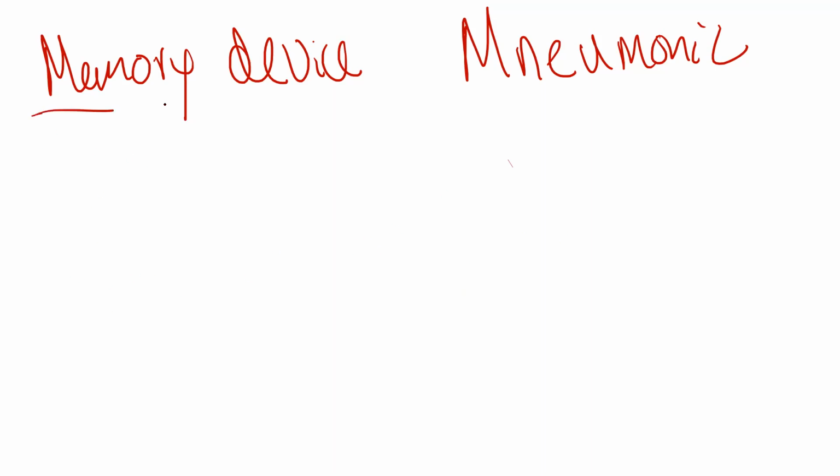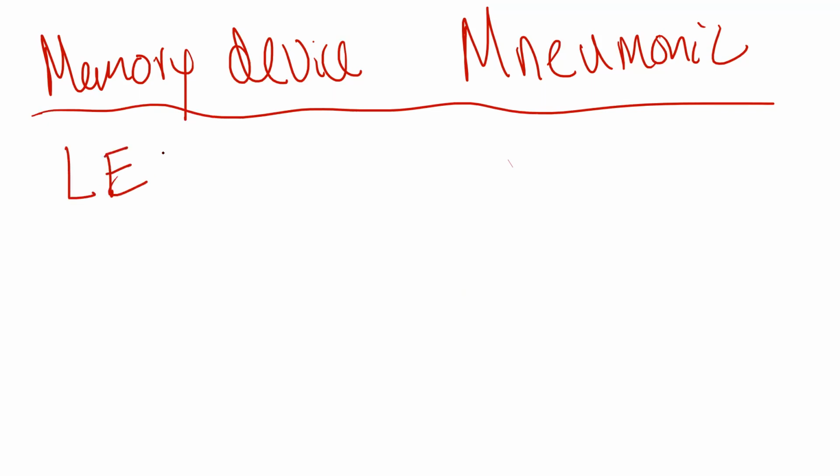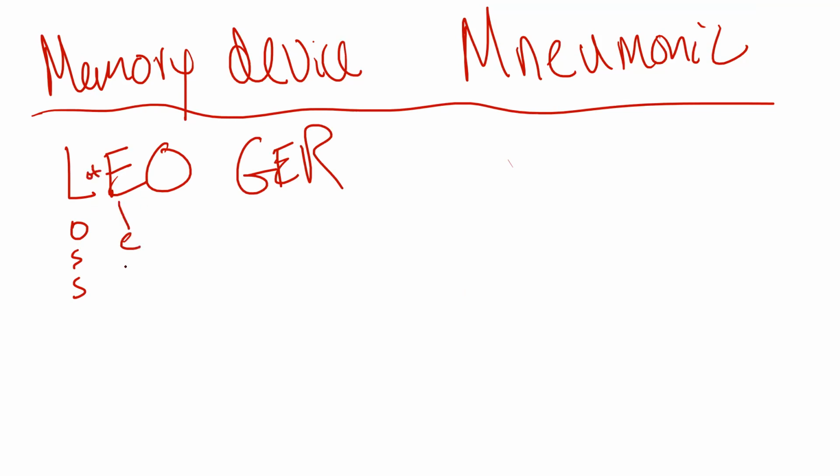Anyways, there's two of them. You have the lion, LEO says GER, which is loss of electrons is oxidation, gain of electrons is reduction. That's one of them. So if you like animals, LEO GER is your go-to.